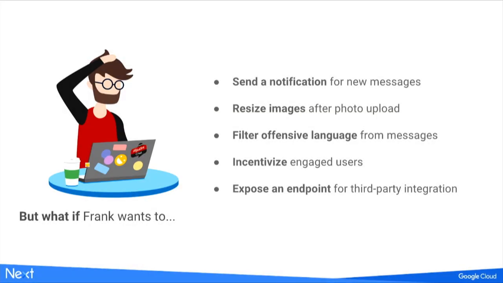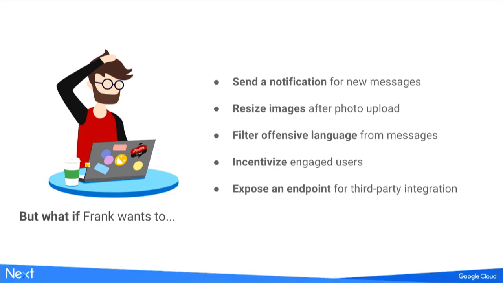There is a problem, though. This might not be as easy as he originally thought. Frank mapped out a few great core features that he really wants to add to Hipster Chat. Many of these common use cases are found across many different mobile apps. For instance, he wants to send notifications when messages are posted to a particular chat room.